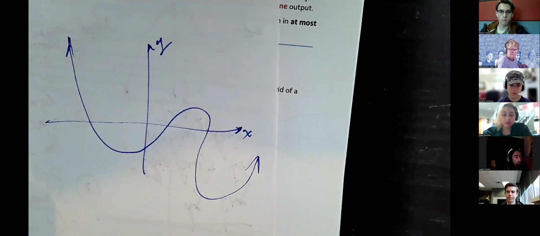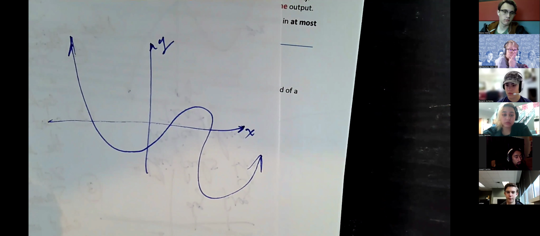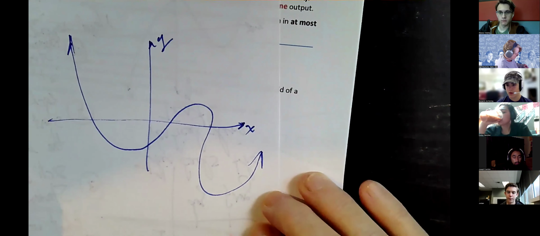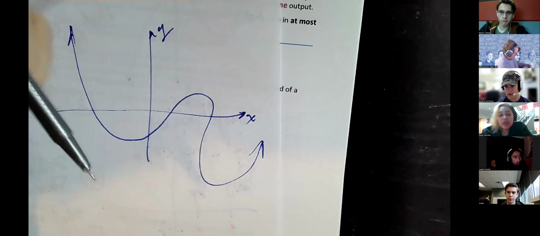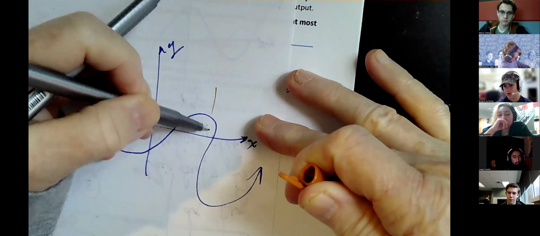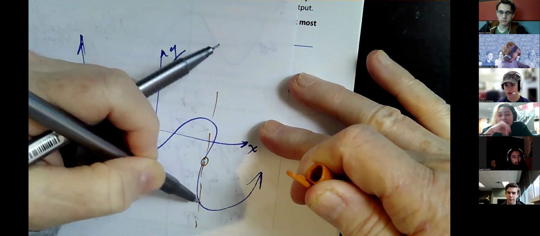So what about this sketch? That wouldn't be a function. And why not? Because you can draw a vertical line somewhere near the end, and it would hit it multiple times.